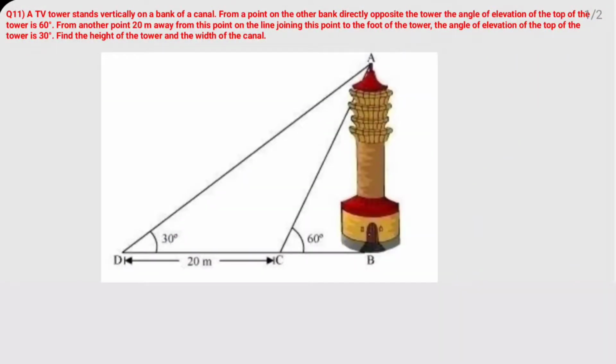Look at the figure. Here AB is the TV tower, which is vertical to the canal, and point C is on the other bank directly opposite.